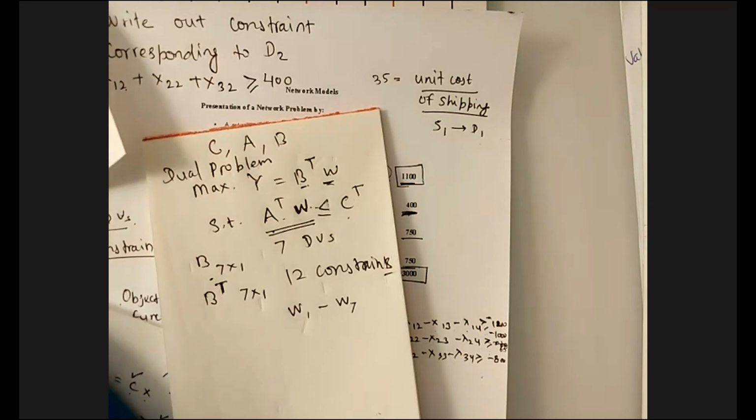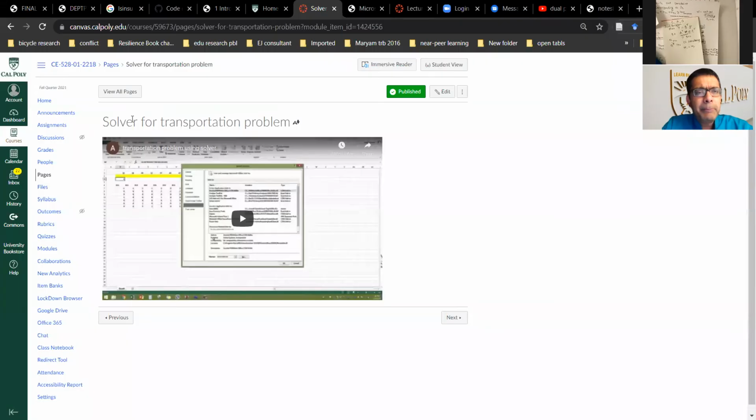Now, what I've also done, I'm going to share my screen for a real quick. What I've also done is show how you actually apply Solver. You can go back and remove the pin for the document camera.